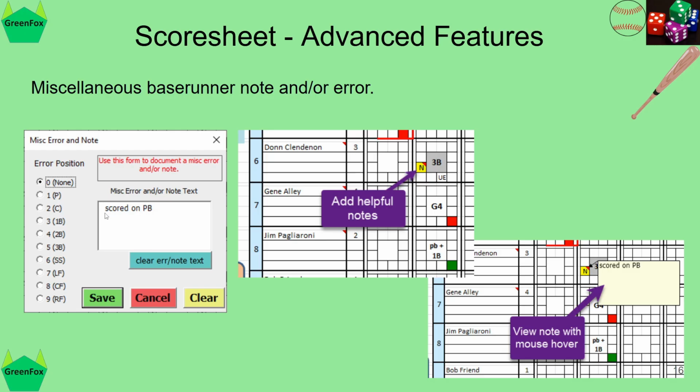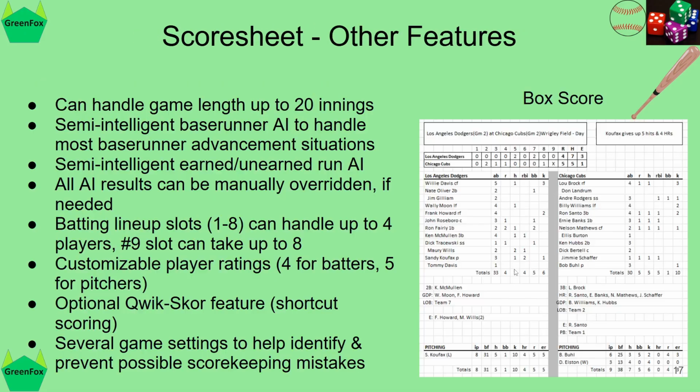Here I just put in a note that said he scored on a passed ball. When I put that note in, it fills in this cell with the N and puts a little hover tip on it. When you put your cursor on here, it'll show you what your note is if you wanted to see it. So it's just a way to handle some of the more uncommon situations that happen in scorekeeping in baseball.